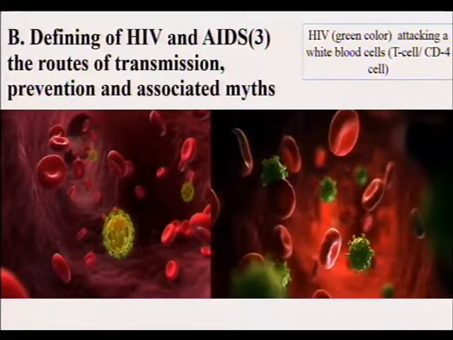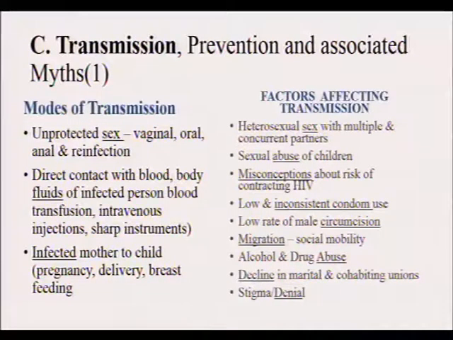The green dots are the HIV virus itself that goes into your bloodstream, and of course, it goes in order to infect your blood. Now, I'm going to explain in detail later through the slides what happens within your blood when it enters your T cells.